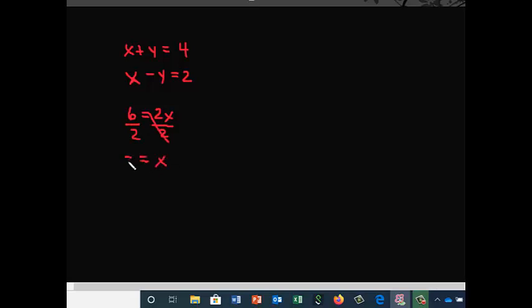So again, we're going to use back substitution. We use back substitution to plug or to substitute the value of x into one of the original equations, either one, it doesn't matter. And again, to solve for y, that is.